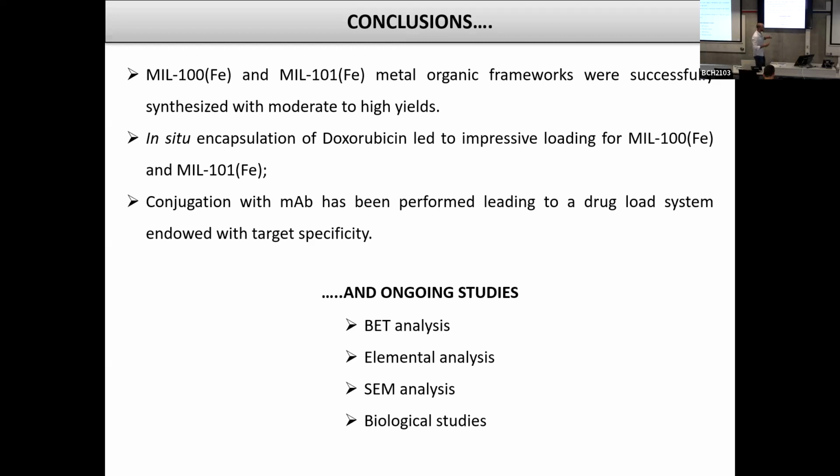Why? Because we have a system containing only carbon, hydrogen, oxygen, and nitrogen. But the only nitrogen that we have inside the system is related to the doxorubicin. So if we determine the total nitrogen amount inside the system, we can determine the real amount of doxorubicin inside the system.